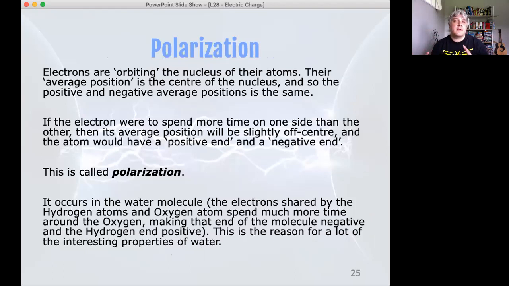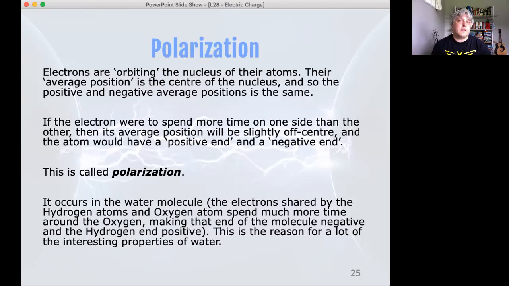And what that means is that that side of the atom will be a bit more negative and the other side will be a bit more positive, because the protons aren't balanced as well, because the electrons aren't spending as much time over there. And that's called polarization. So polarization is the idea that one side of your atom might be a bit more negative than the other side because the electrons are spending a bit more time on that negative side for some reason. And there are a variety of different reasons.